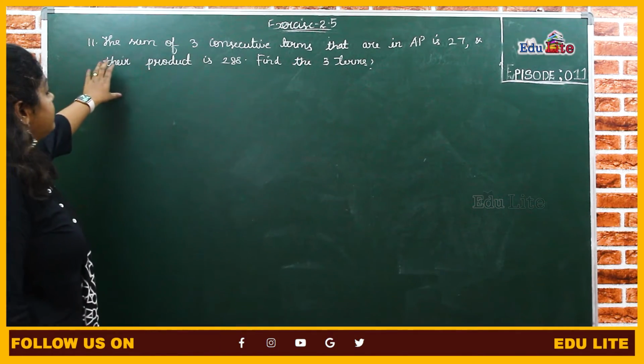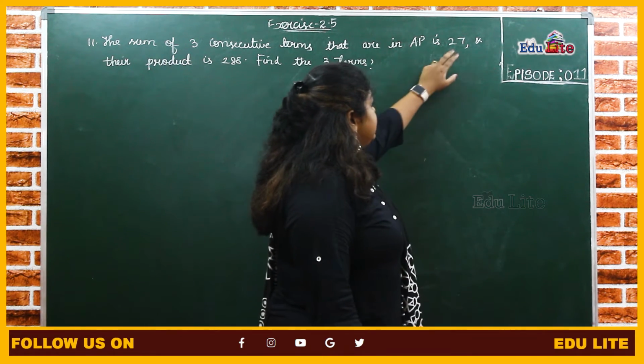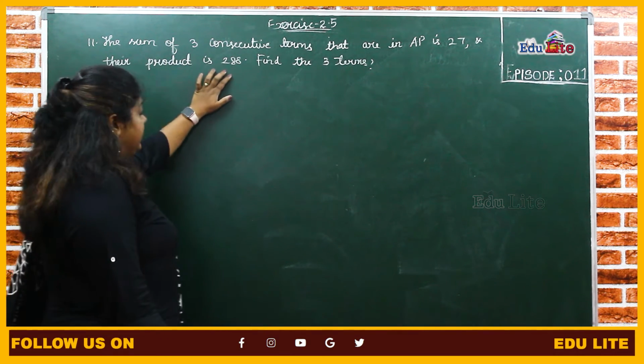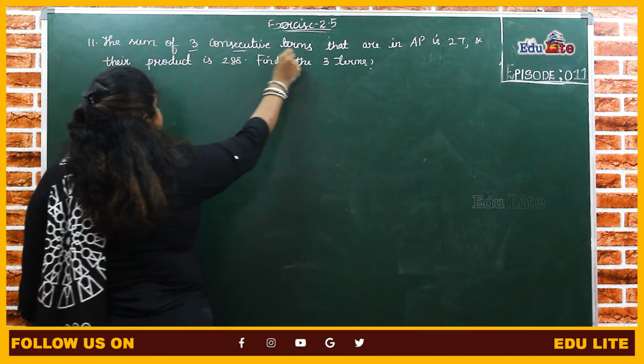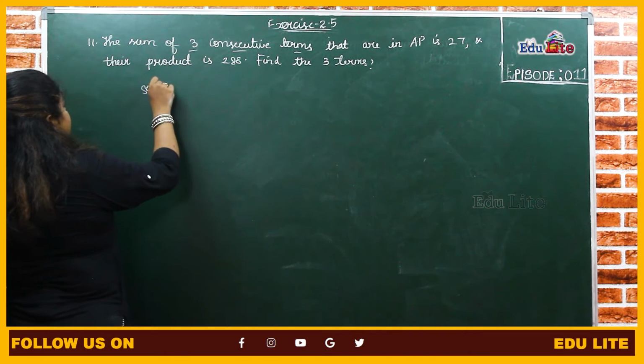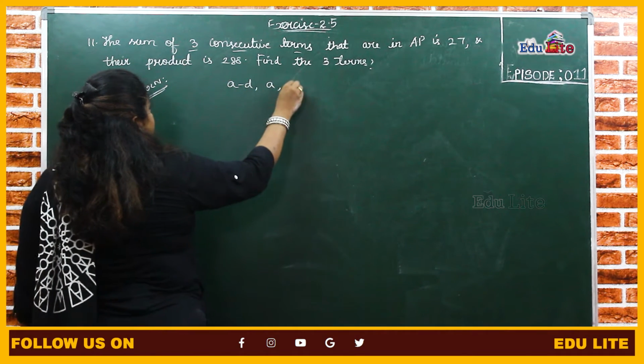In the 11th problem, we are given that the sum of 3 consecutive terms is 27 and their product is 288. We have to find the 3 terms. As I already told you, when it is 3 consecutive terms, we consider the terms as a minus d, a, a plus d.